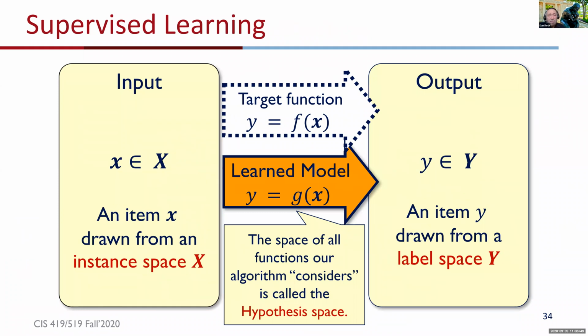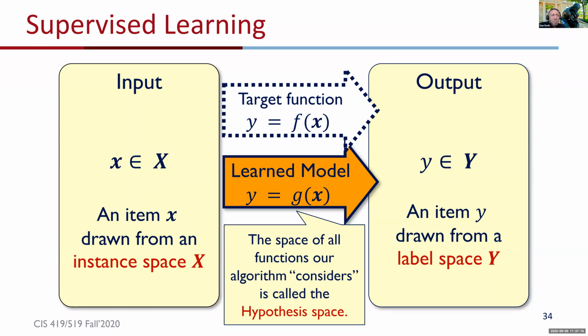There is some target function that is hidden from us. In the badges game, this was that the second character of the first word is a vowel. And then I have a set of functions that my learning algorithm will consider.